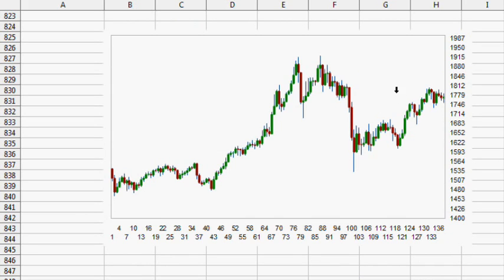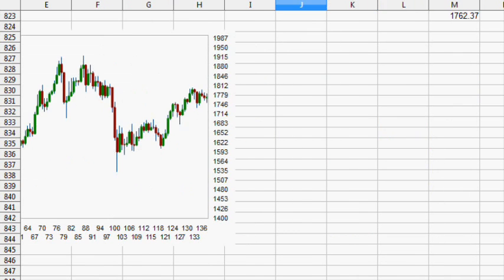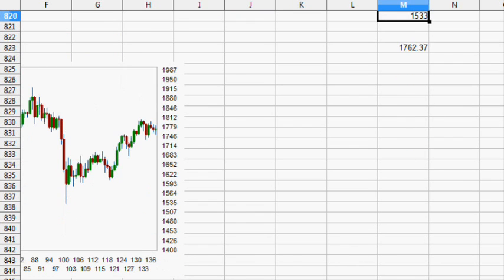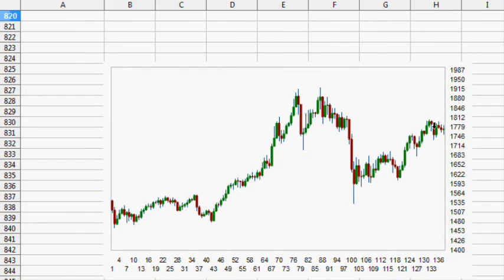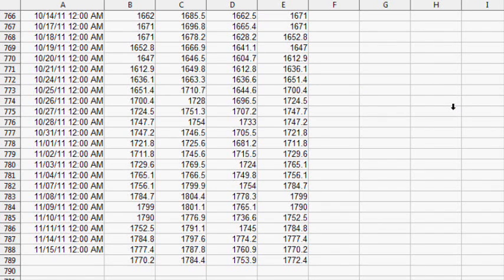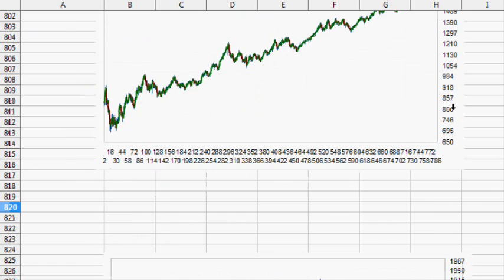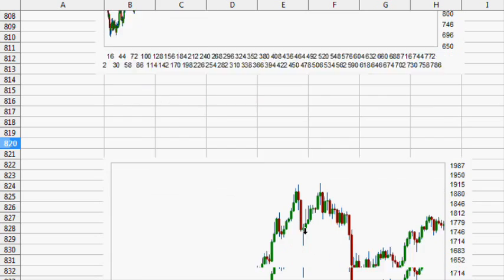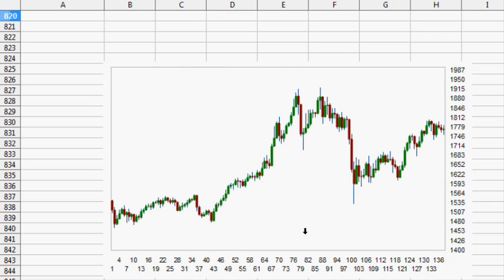Now the 61.8% retracement within this level with that 1921 high and the 1533 low is about 1762. So therefore, pretty much where we are right now, it's a little above it right now. What's the price at now? It's at 1772 now. So therefore, it's at a very important level.